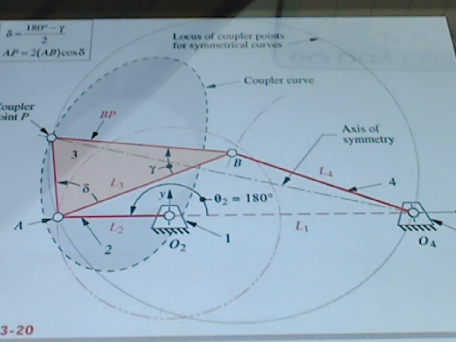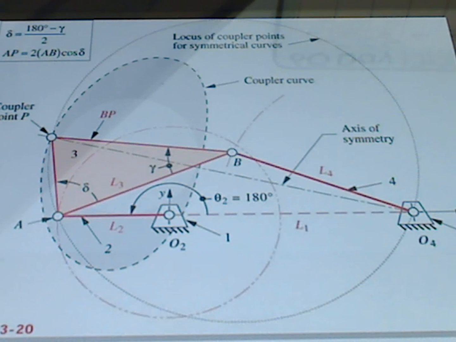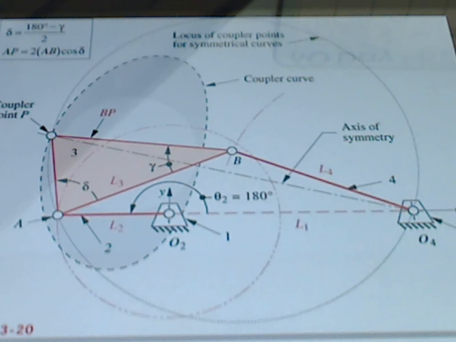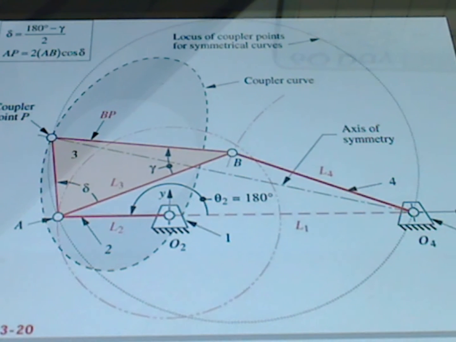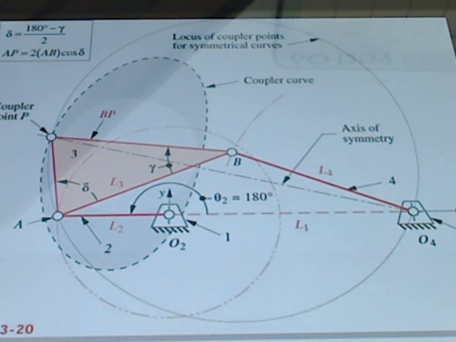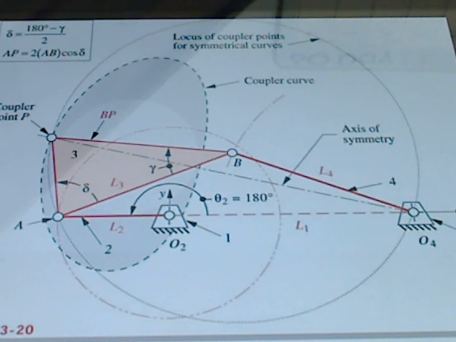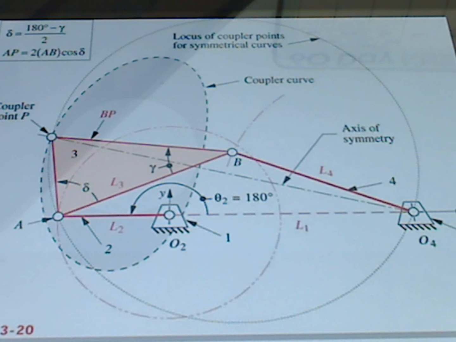That's 180 minus our gamma, which is 288, divided by 2. So we get a negative 54 degrees for our delta, and then our AP is going to be 2 times my L3 length, which was 2, times the cosine of that negative 54. So for my AP, I'm going to end up with 4 times the cosine of 54.